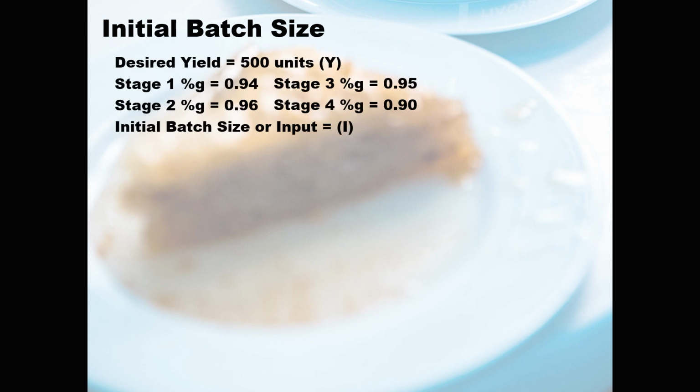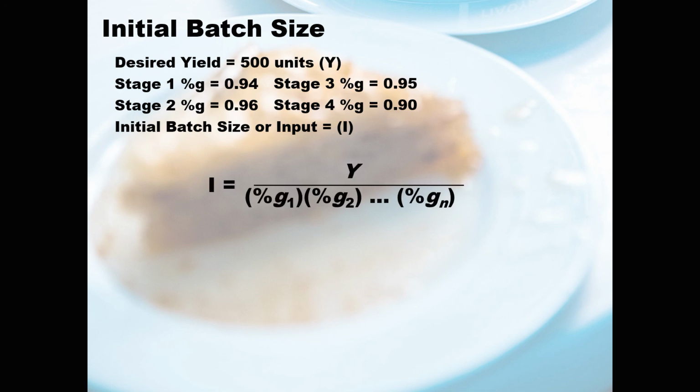So we're going to start off again with the desired yield of 500, not the initial input. And then we're going to have the same percentages good at each stage that we had in the previous example. And our initial batch size is going to be equal to I. That is our unknown.